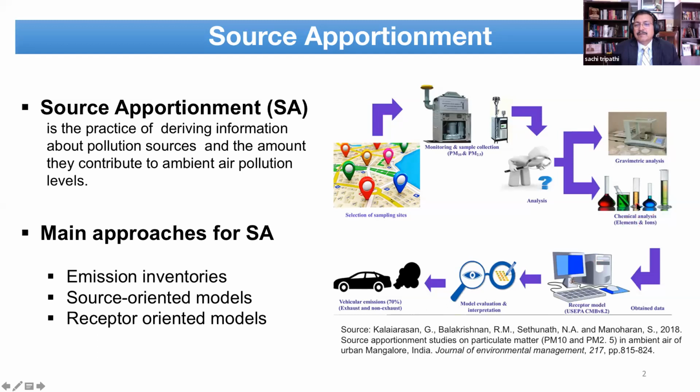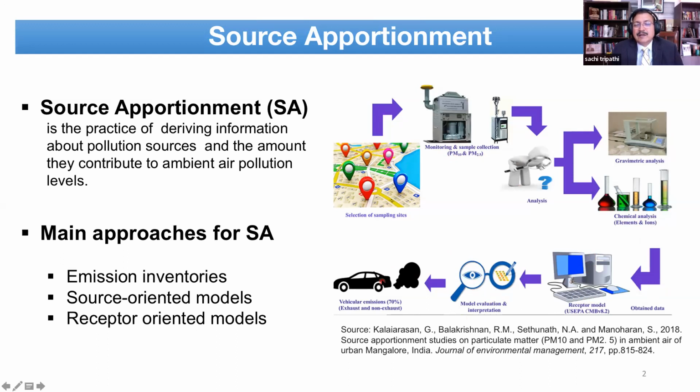For PM2.5, for PM10 or PM1, most of the time we are interested in doing the source apportionment for PM10 or PM2.5. So this information is fed into these models, and then the model output is looked at carefully, analyzed, and then that output actually gives you factors or sources.